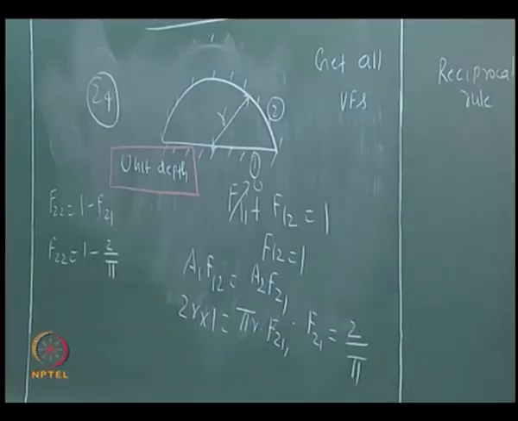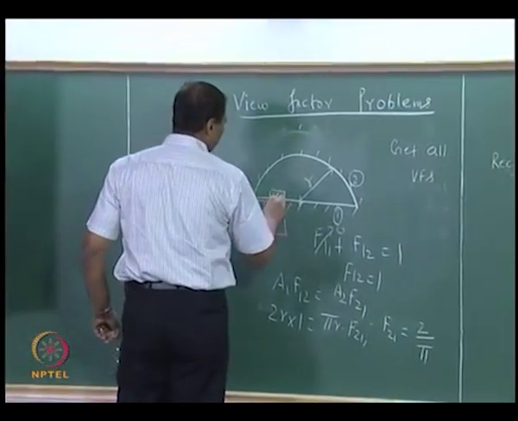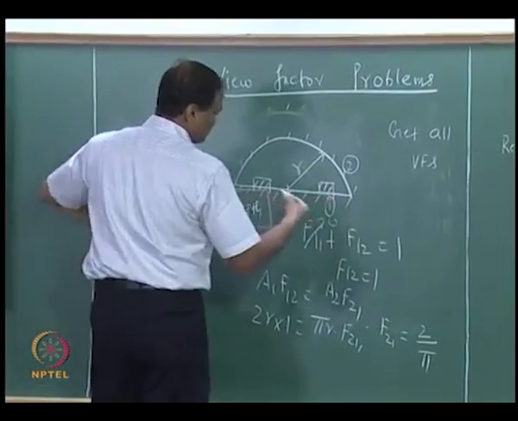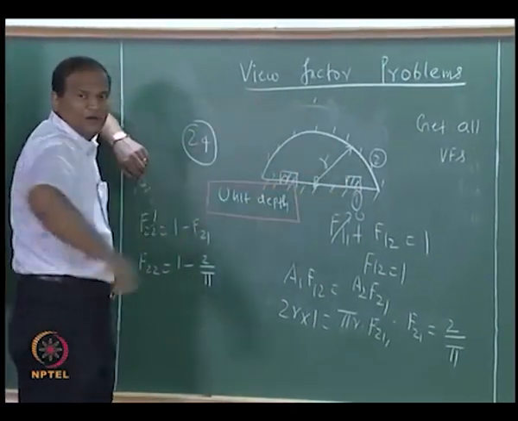Such problems occur in cooling of equipment, or you are putting a shroud. You have some electronic equipment, your configuration may be like this, you may have some electronic chips, and then you may call them 1, 2, 3, 4, then you have to get view factors.